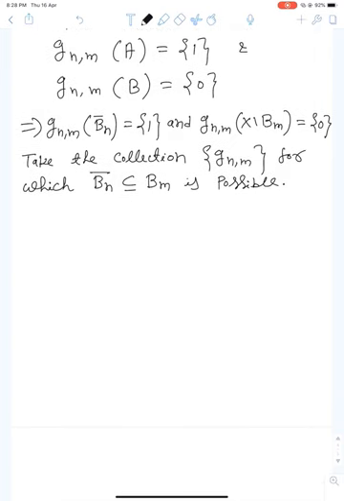We have seen that this collection is non-empty, and it is also countable.